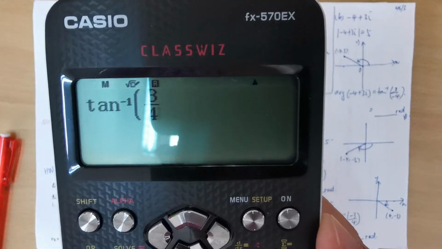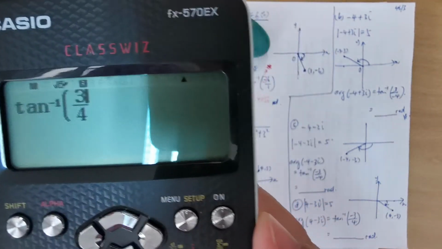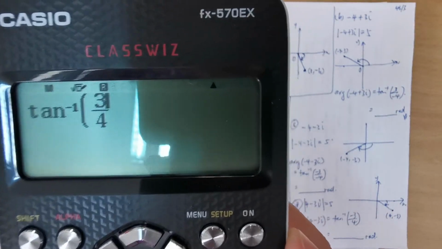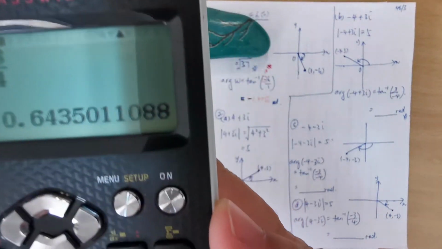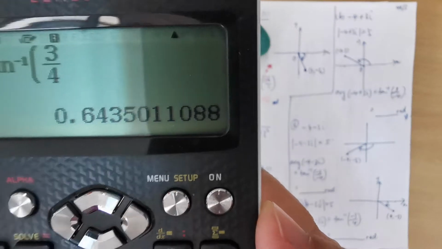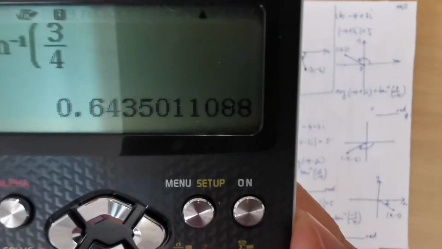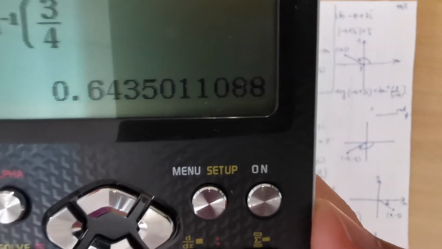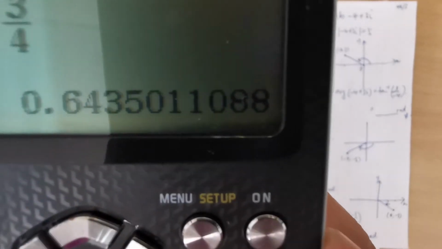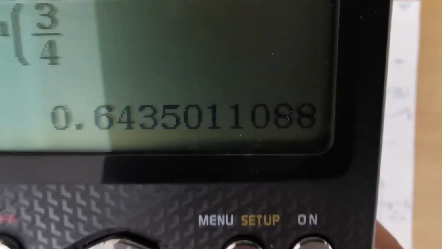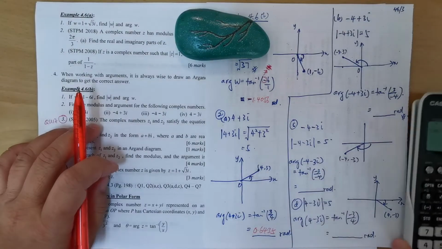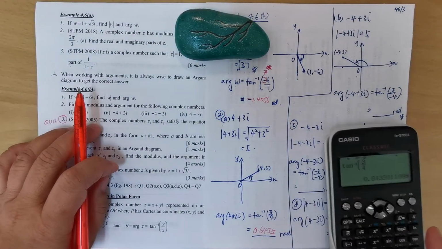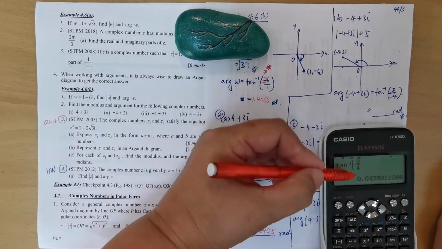Equals. This gives you the acute angle. Still remember the acute angle? 0.6435.